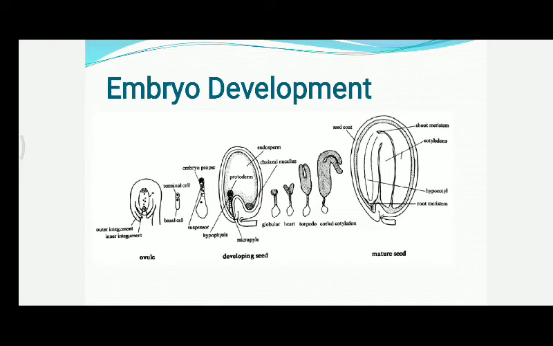So let's start. The zygote divides by a transverse division forming two cells, the basal cell and the terminal cell. The basal cell divides by transverse division to form many cells arranged in a row. This structure is called the suspensor. This suspensor pushes the embryo deep into the endosperm so as to absorb maximum food.